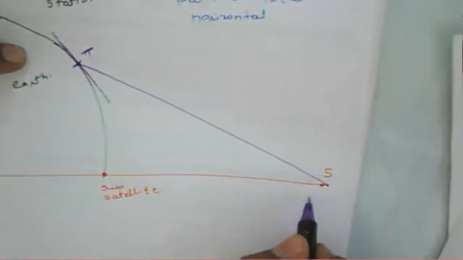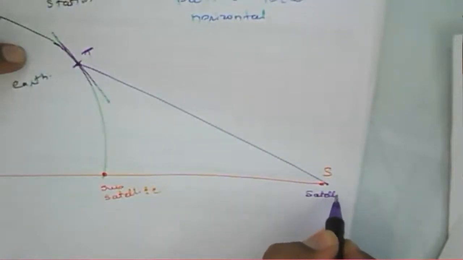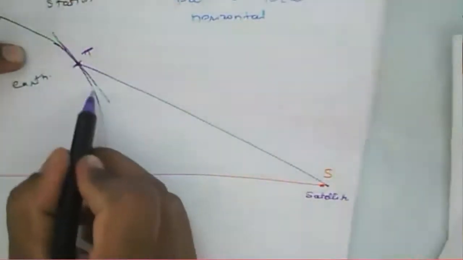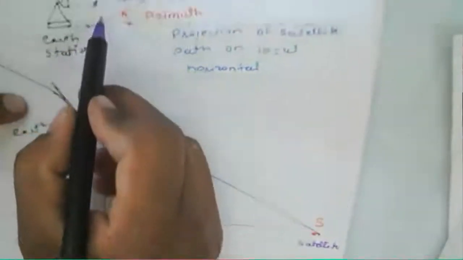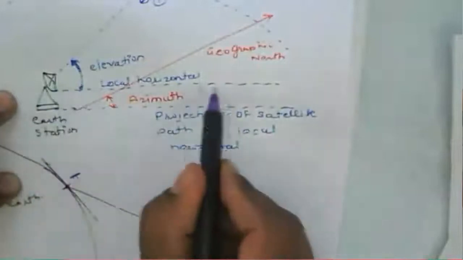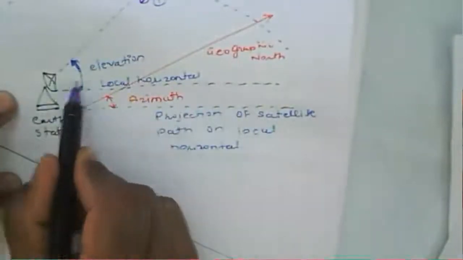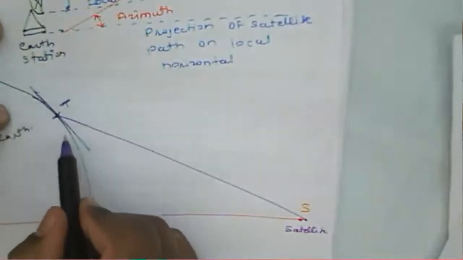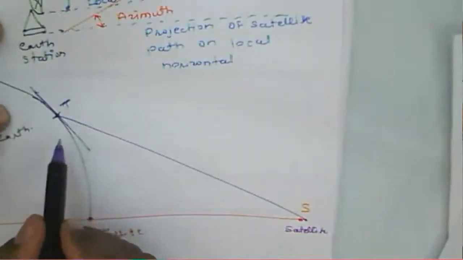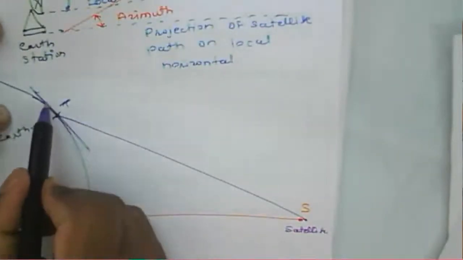This is the satellite, and then this is a tangent, meaning a local horizontal here. So this one we say is a tangent and a local horizontal, and a line joining from this local horizontal.